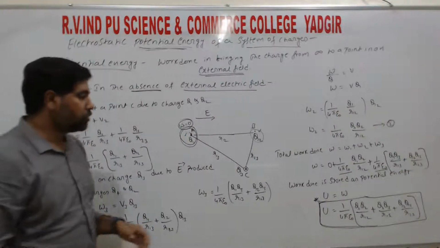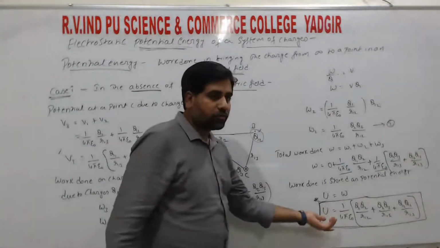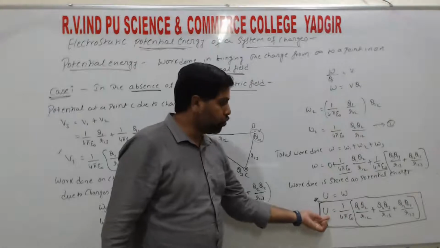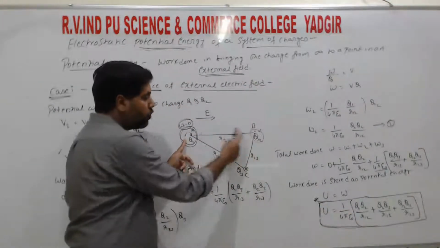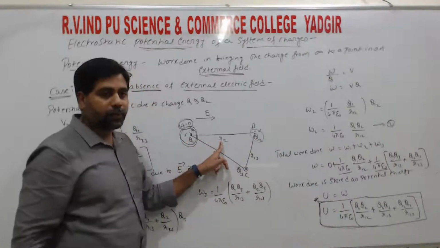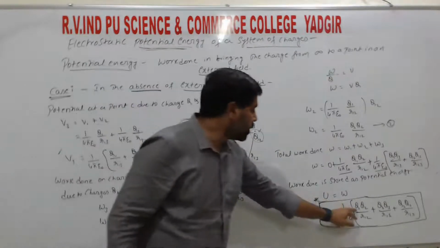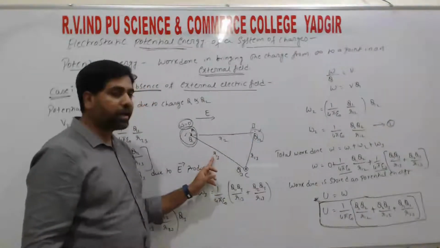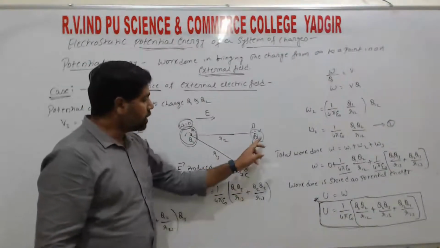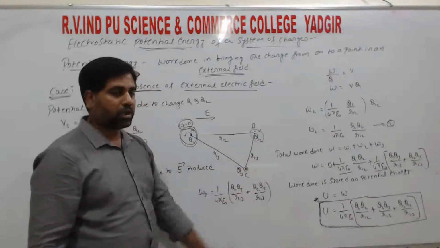So next, this is the potential energy. Potential energy is denoted by U. That means it is the product of the two charges and the distance between them, right? So if you observe here, Q1 Q2 divided by R12, Q1 Q3 divided by R13, Q3 Q2 divided by R23, right?